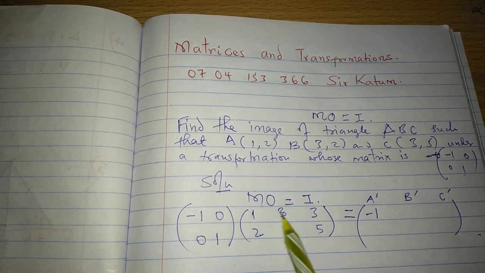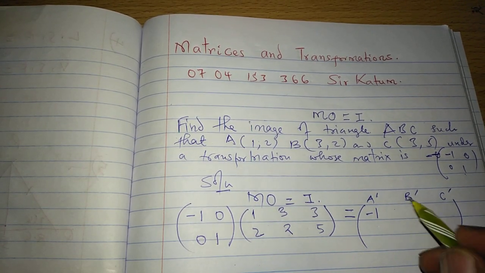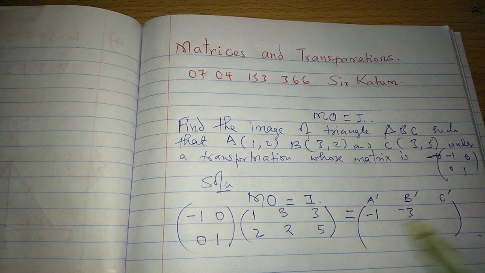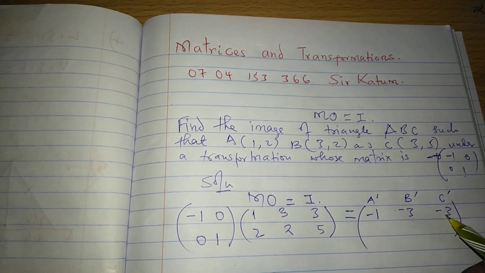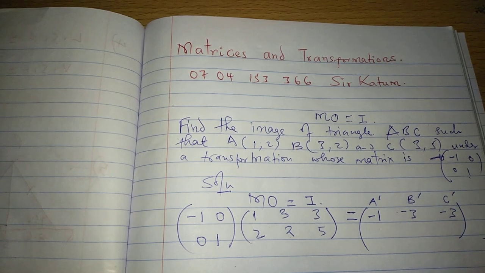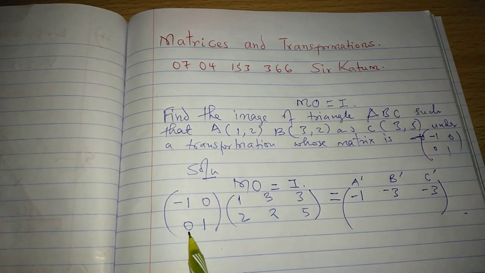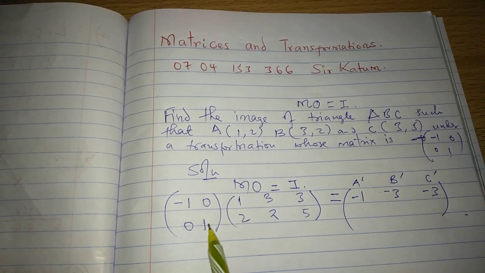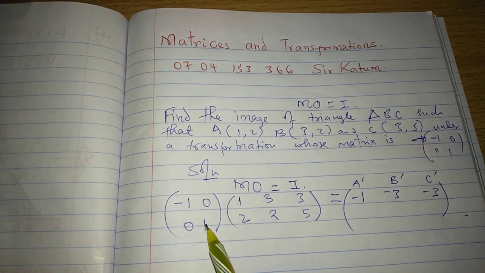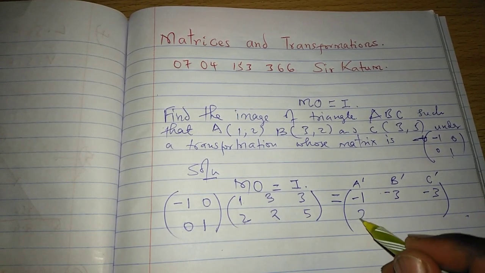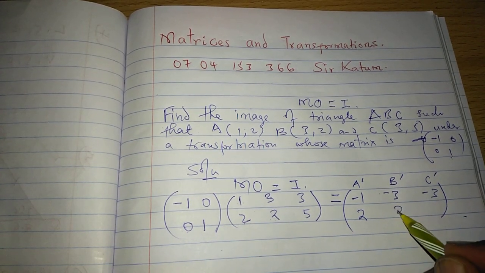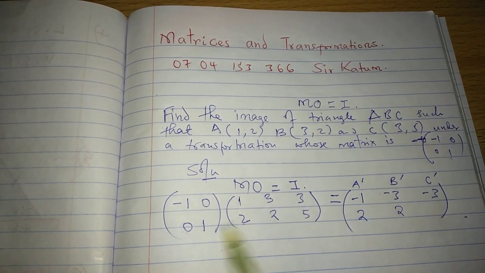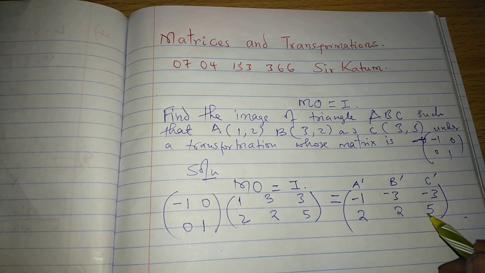Negative 1 by 3, 0 by 2, that gives us negative 3. Negative 1 by 3, 0 by 5, negative 3. Then on the other side, we multiply 0 by 1 and 1 by 2. This gives us 2. 0 by 3 and 1 by 2 gives us 2. 0 by 3 and 1 by 5 gives us 5.